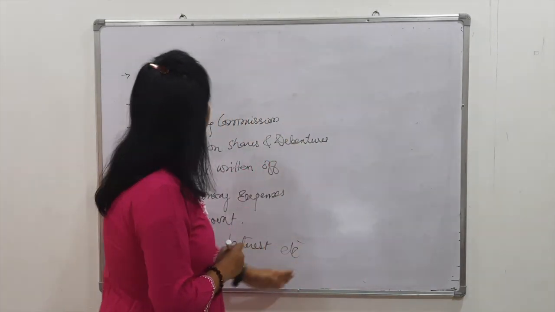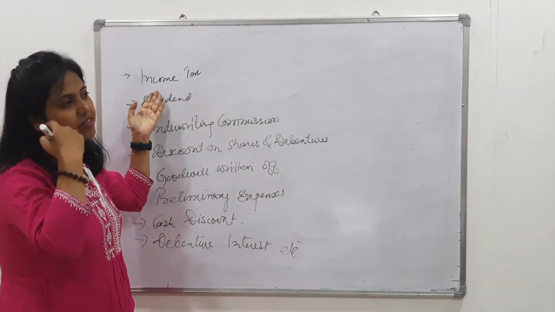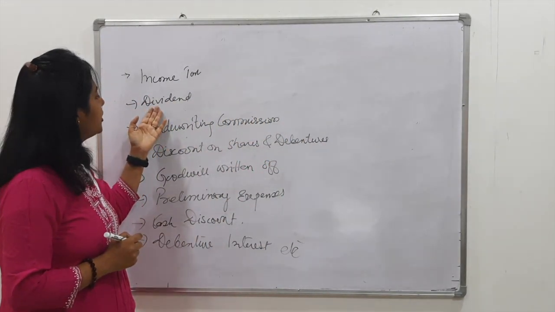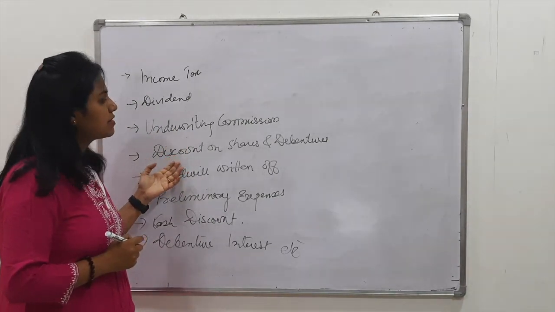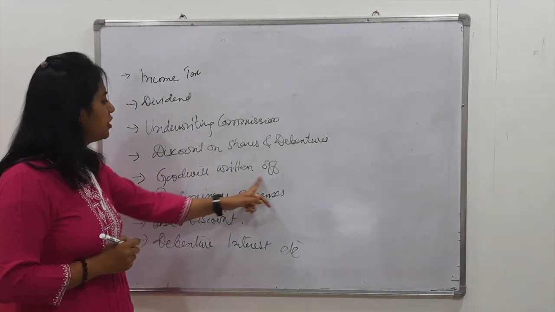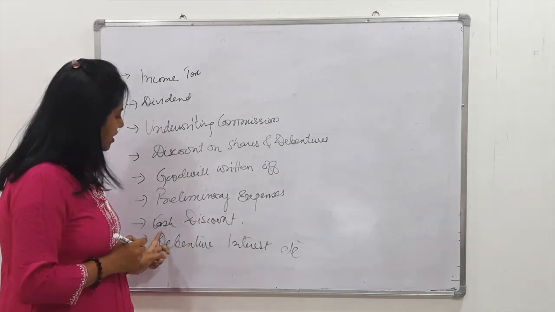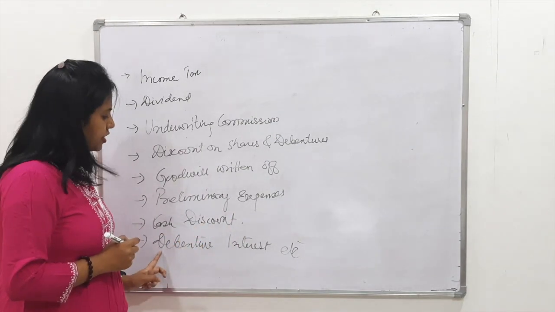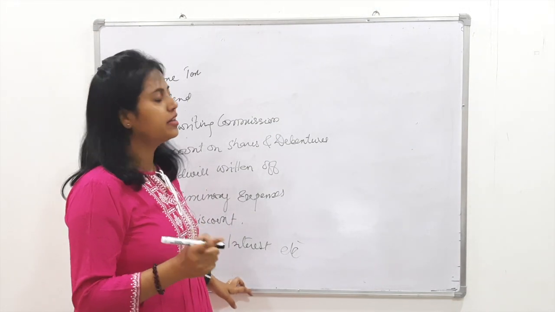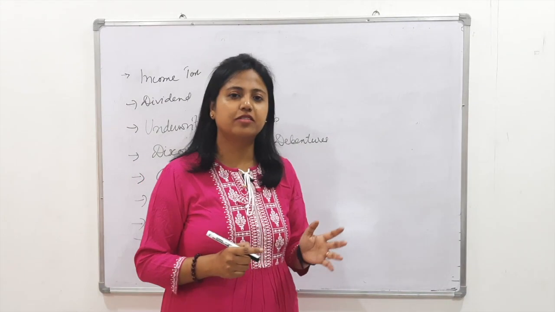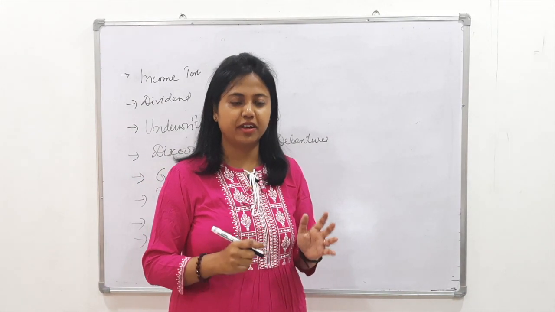Examples are income tax, which is a financial accounting item, dividend, underwriting commissions, discount on shares and debentures, goodwill written off, preliminary expenses, cash discount, debenture interest. These are not to be taken into consideration while preparing a cost sheet.